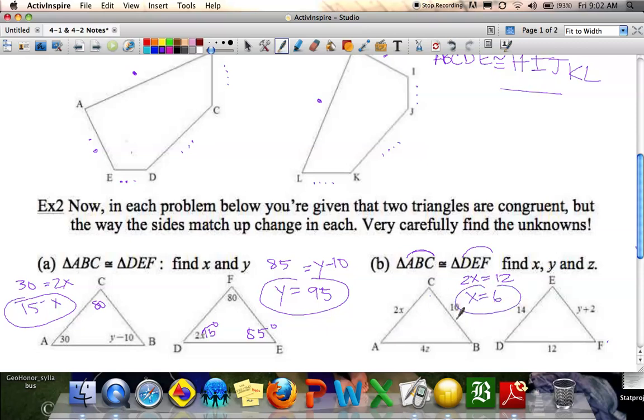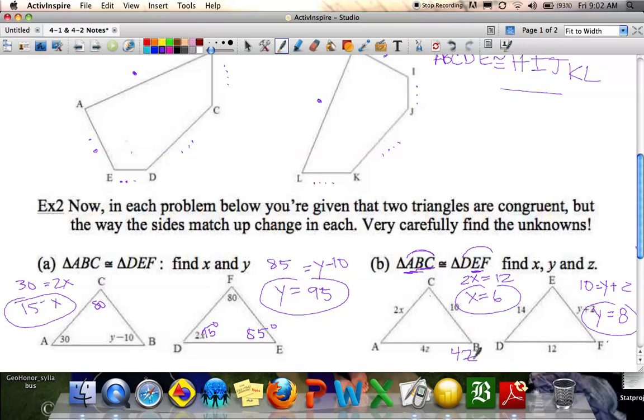Now let's handle BC. That must line up with EF. BC is 10 and EF is y plus 2. So y must be 8. And the last is AB, and AB, which is the bottom here, lines up with DE, which is the side here.